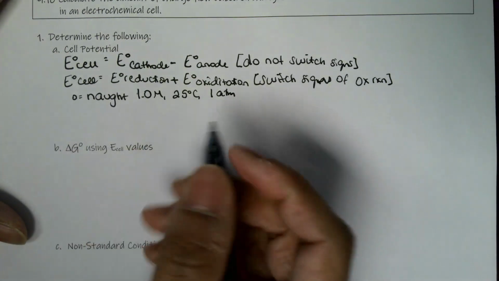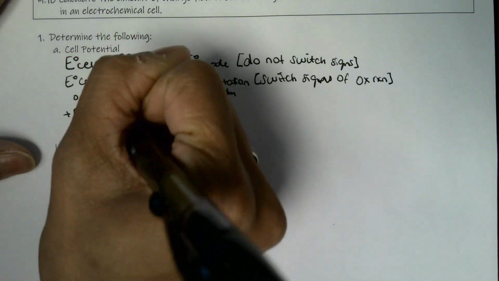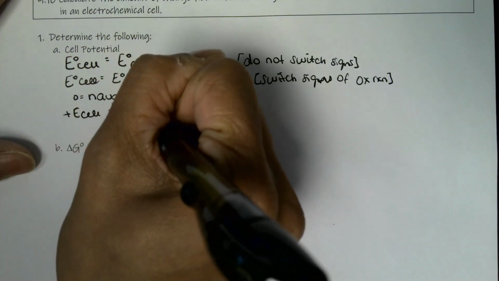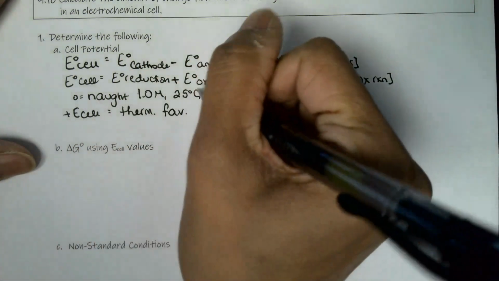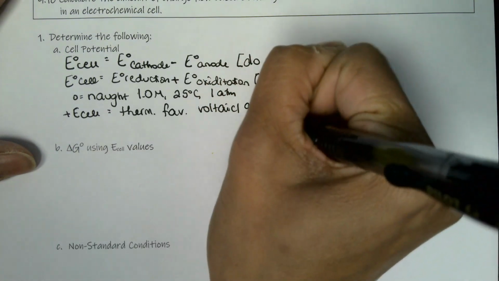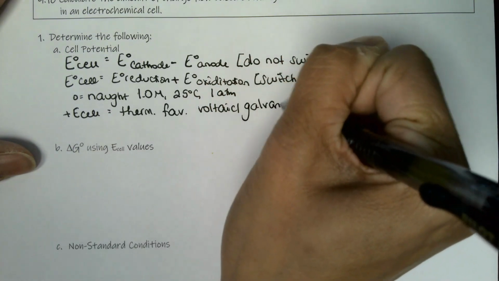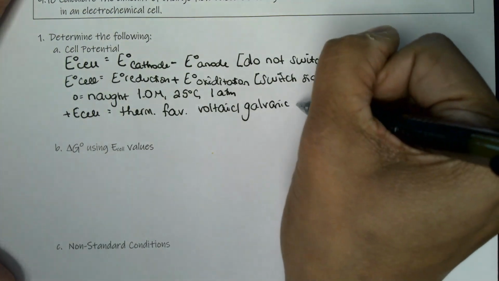To also remind us, a positive E cell is thermodynamically favorable, and that would be like the voltaic or the galvanic cell when we had the salt bridge, right? That was a reaction that was going to occur on its own.